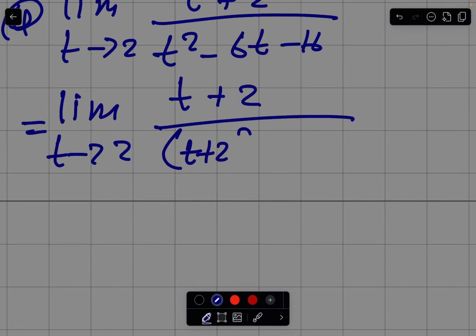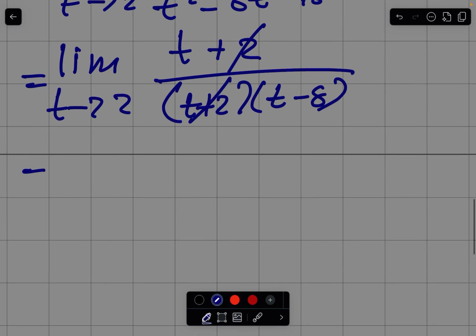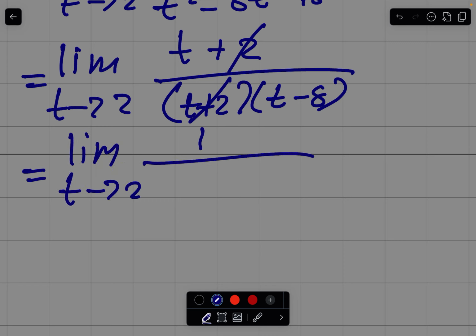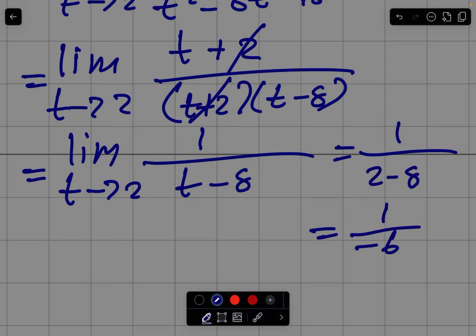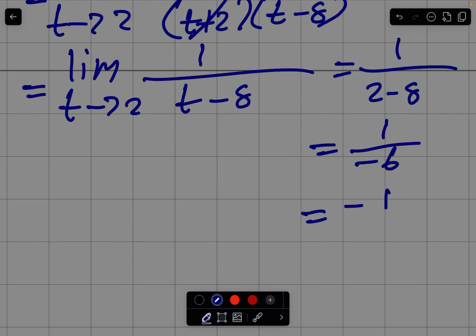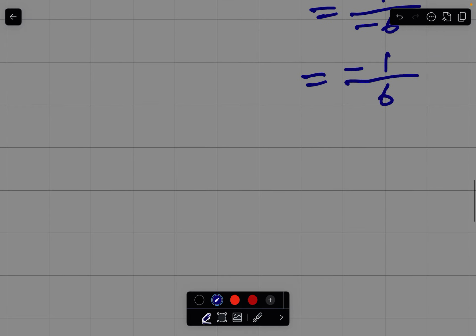Therefore, here you're going to have t plus 2 into t minus 8. Understand? This t will cancel that one, remaining with the limit as t approaches 2 of 1 over t minus 8, which is 1 over 2 minus 8, remaining with 1 over -6, which equals -1 over 6.